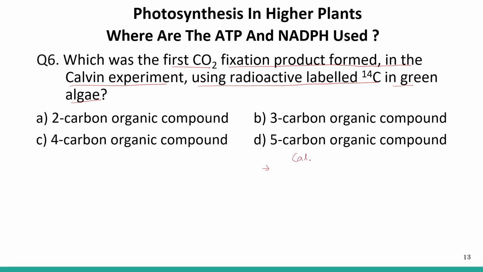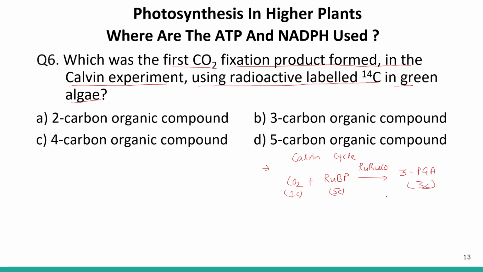Initially, carbon dioxide is accepted by RUBP, which is a 5-carbon compound, and in carbon dioxide we have 1 carbon. So what is produced in the presence of the enzyme Rubisco? A 3-carbon compound is produced, 3-phosphoglyceric acid.